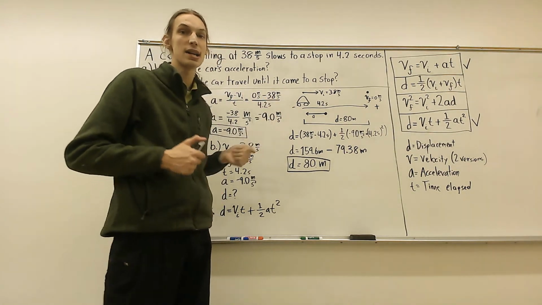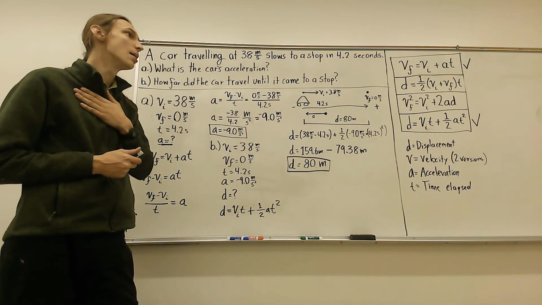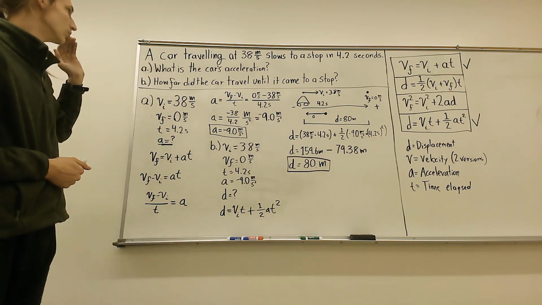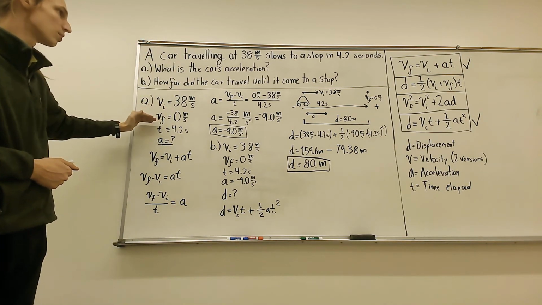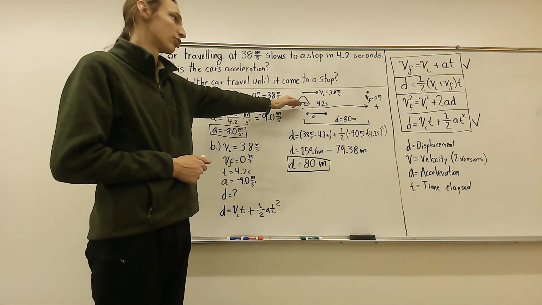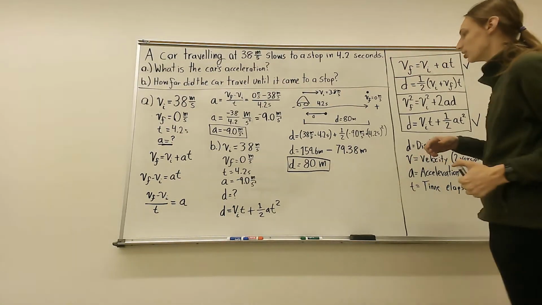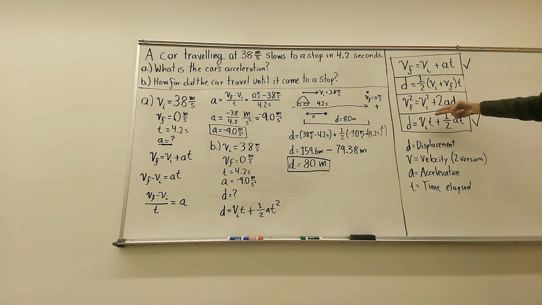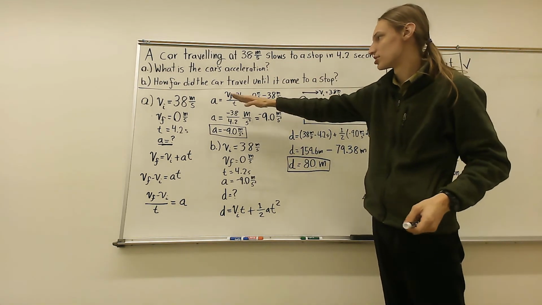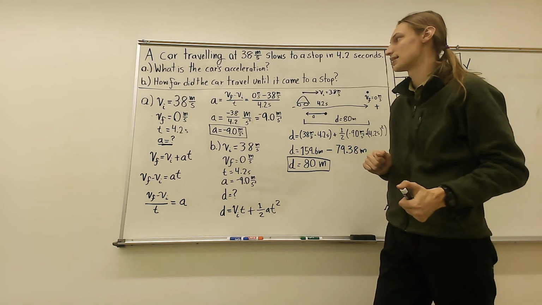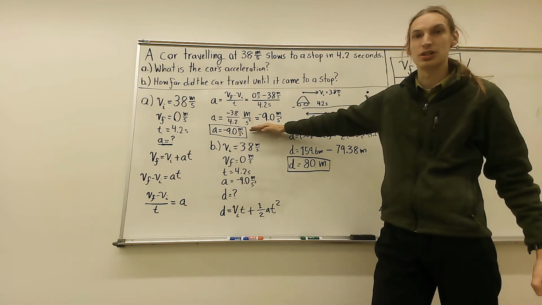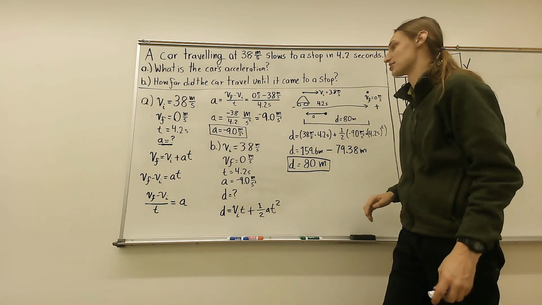The picture is not necessarily as important right now, but it will be helpful with more complicated problems. Then, based on the variables that you have, you choose one of these equations, you rearrange it to solve for the variable you're trying to find, then plug in the numbers, and make sure you have your units. And that will give you the answer every time.